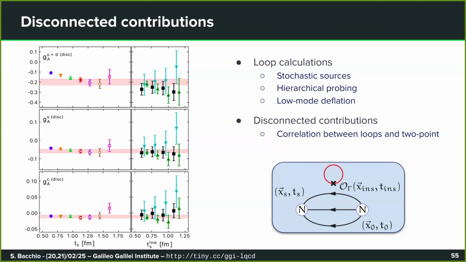It's mainly due to the fact that the signal is very, very noisy. In the connected contribution, the correlation is done through the fermion fields, and this is very easy.